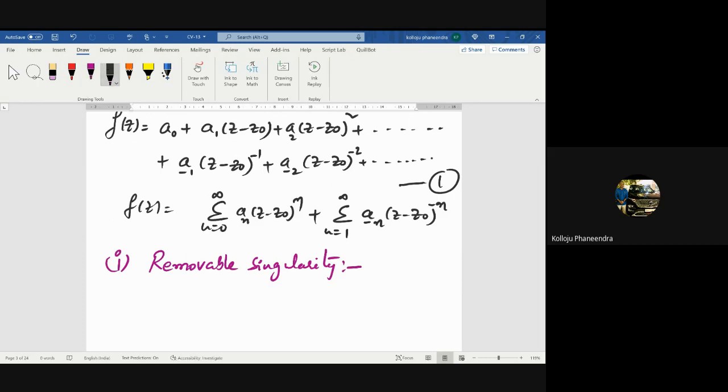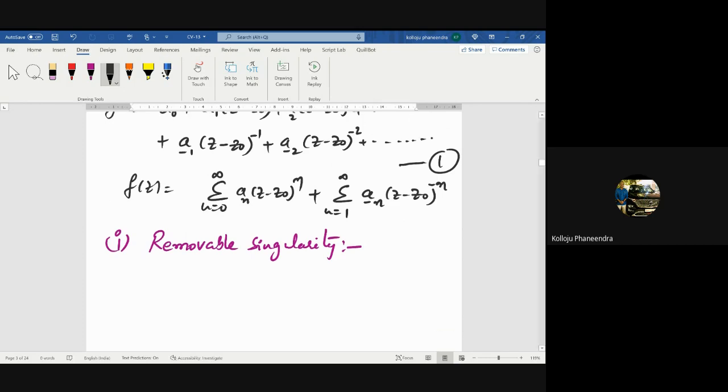First one is removable singularity. Now, what is meant by removable singularity?